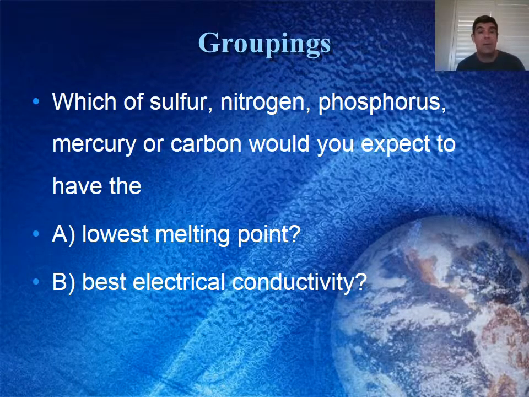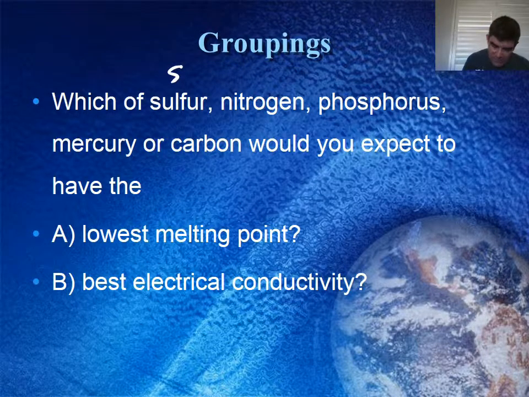So, a couple of questions. Which of the following, sulfur, nitrogen, phosphorus, mercury, or carbon, would you expect to have A, the lowest melting point, and B, the best electrical conductivity? Well, at room temperature, sulfur is a solid, nitrogen is a gas, phosphorus is a solid, mercury is a liquid, and carbon is a solid.